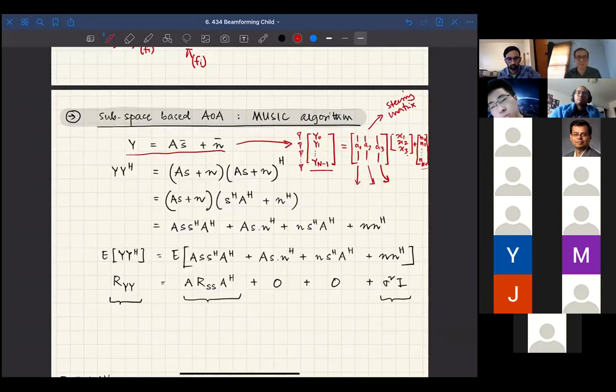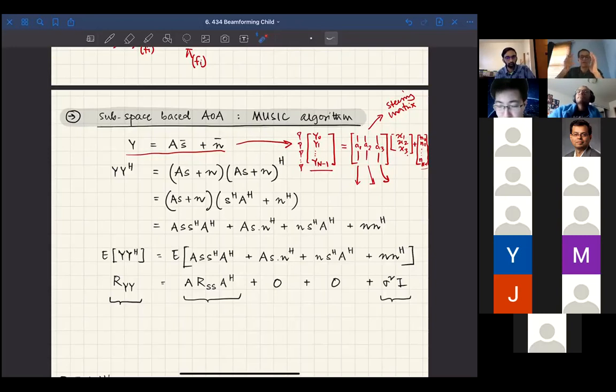Very good. Now, let's look at this. If you have this equation, we can always make it Y times Y Hermitian. Hermitian is nothing but conjugate transpose. So you take that matrix and conjugate it: e to the power j theta becomes e to the power minus j theta.